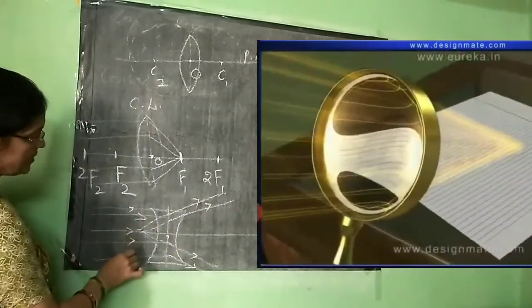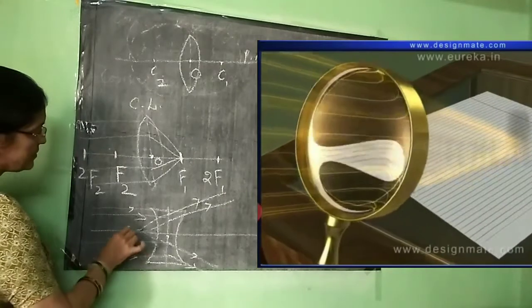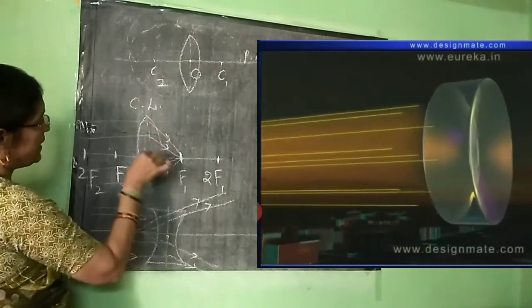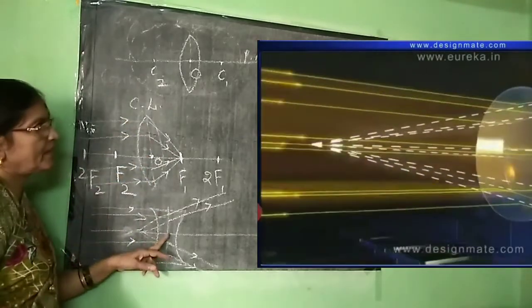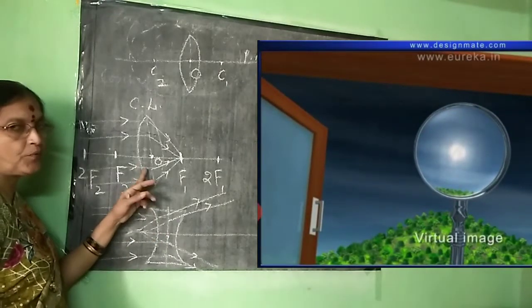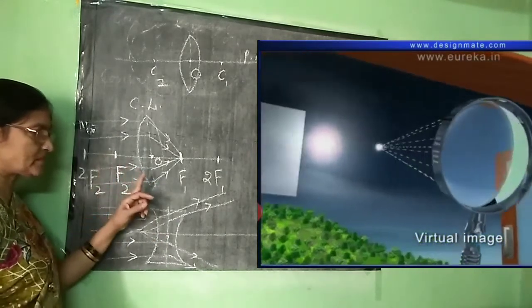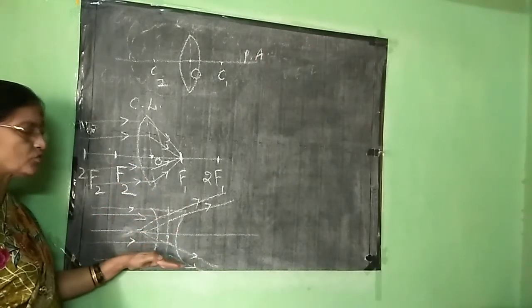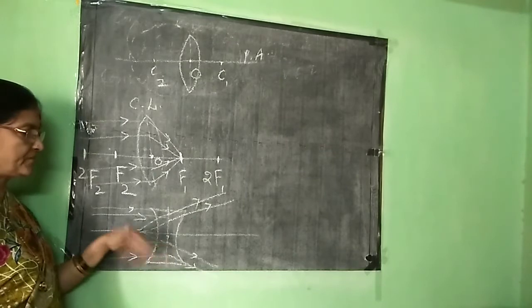All the rays which are parallel to the principal axis seem to diverge from a concave lens and seem to converge at a point in case of convex lens. So convex lens is also known as converging lens and concave lens is also known as a diverging lens.